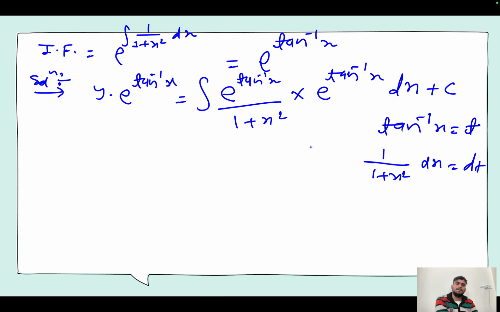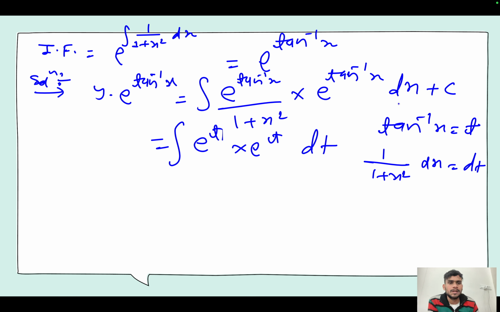So the integration will be e to the power t times e to the power t dt, because dx by 1 + x square is equal to dt, plus c.